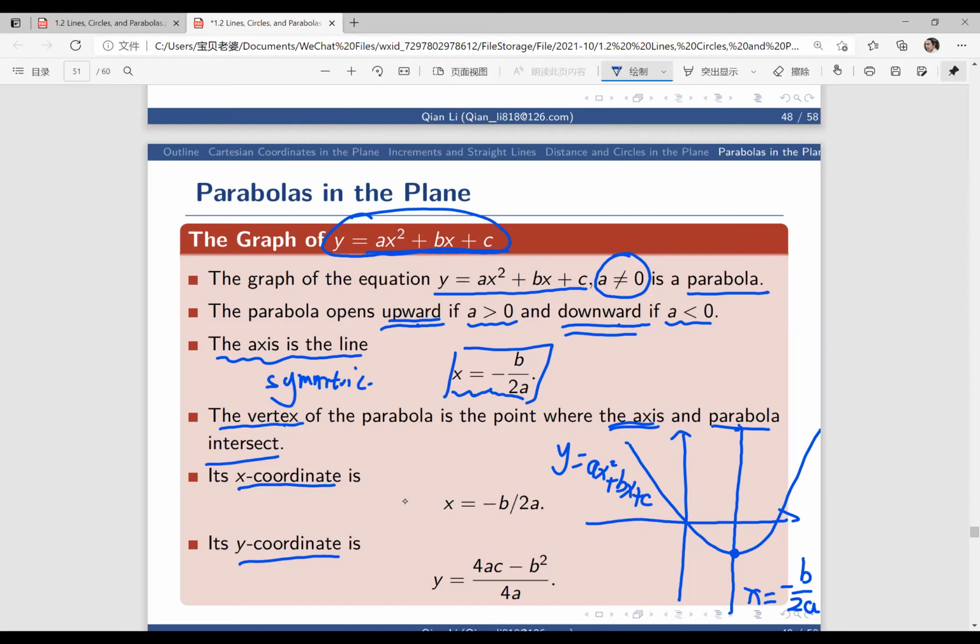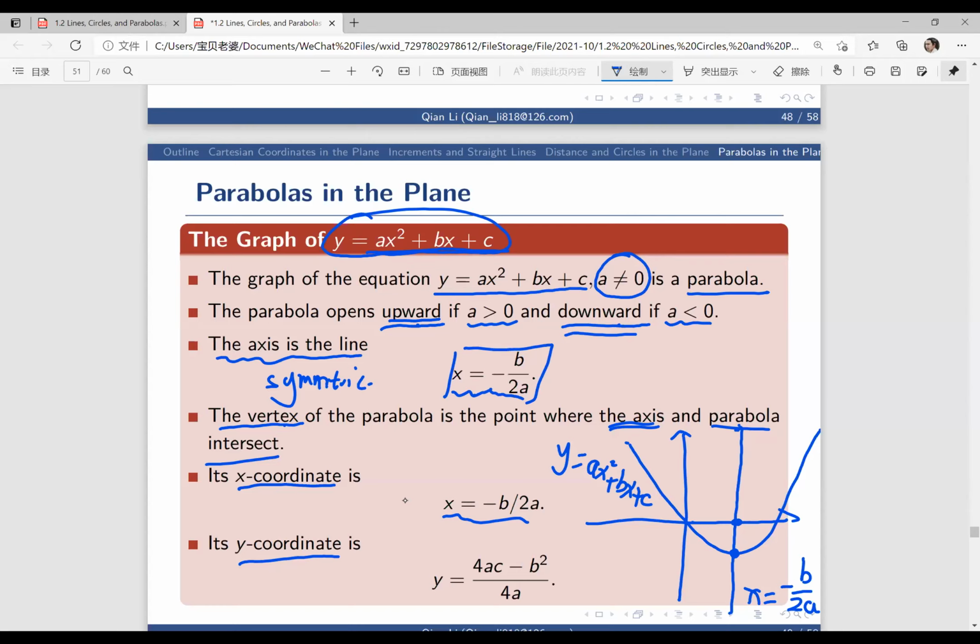And the x coordinate for this vertex must be x is equal to negative b over 2a, right? For this point, the x coordinate must be negative b over 2a, right?